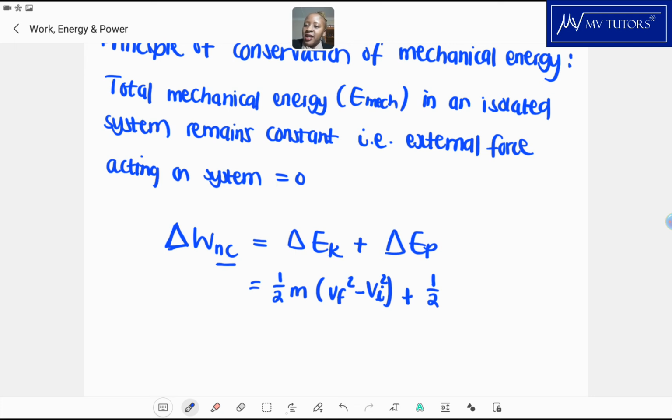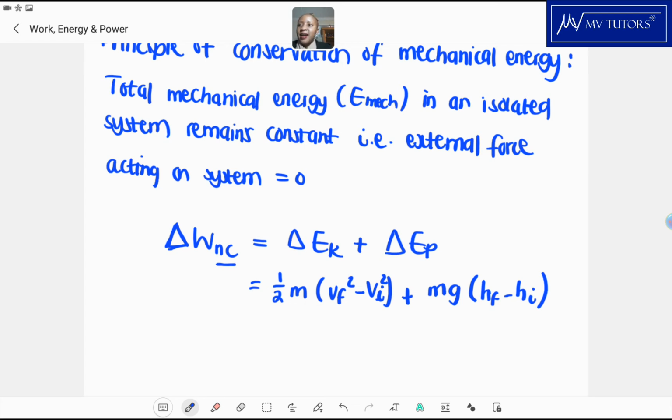It's actually mgh. Yes, so your mass will be the same. The gravity acting on the object will be the same. But the height, I'd say height at the second position minus height at the first position, or height final, height initial. It's really up to you what you prefer. Let me just stick to final minus initial.